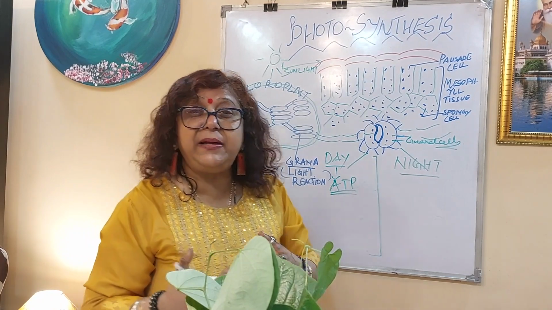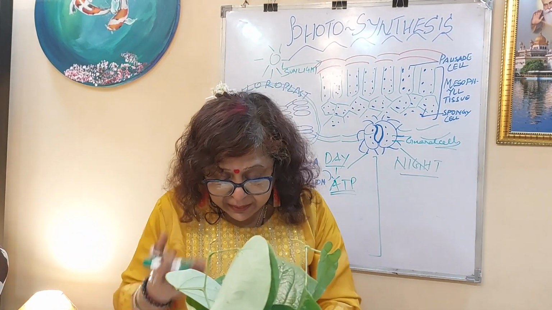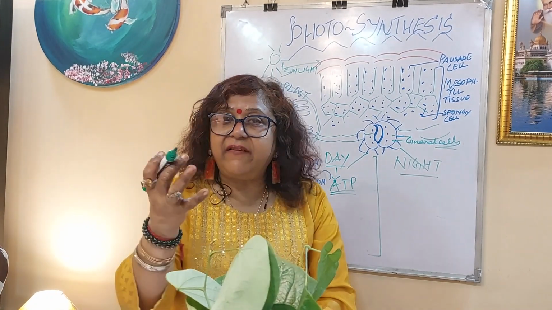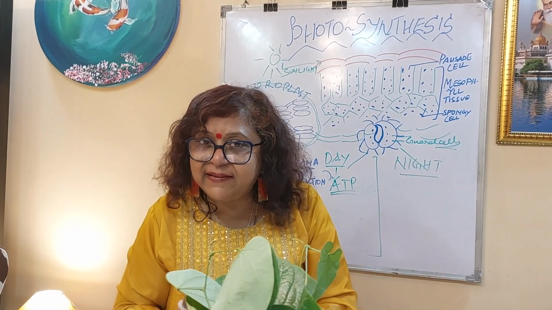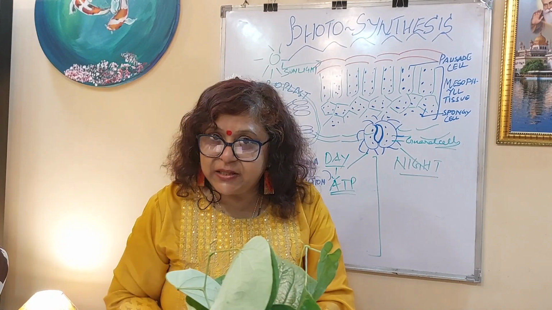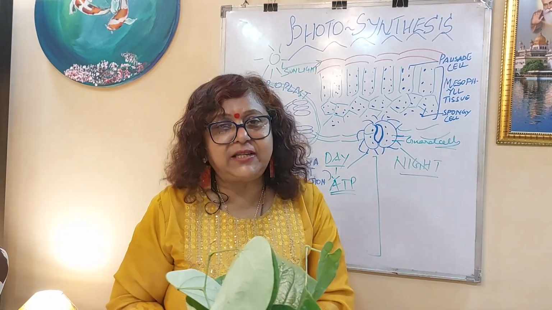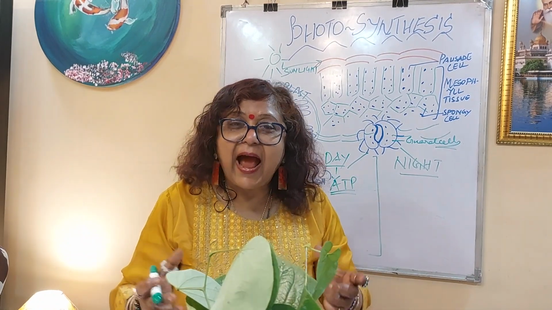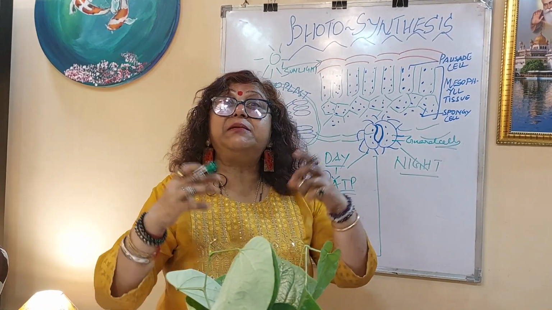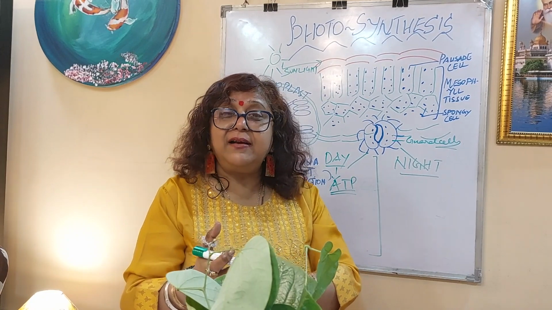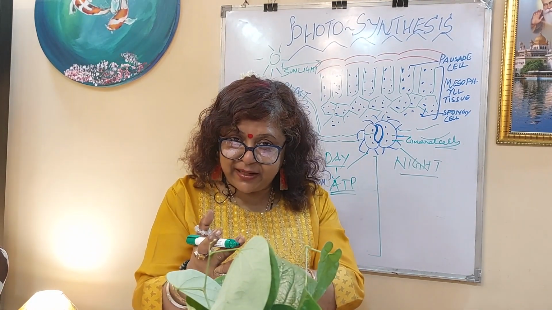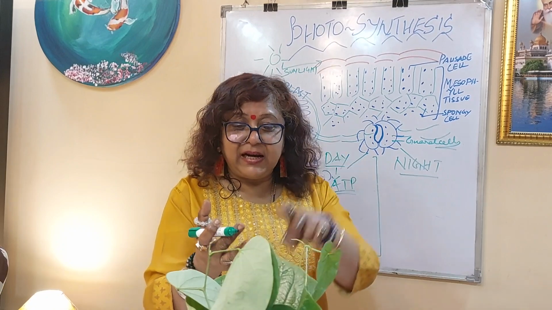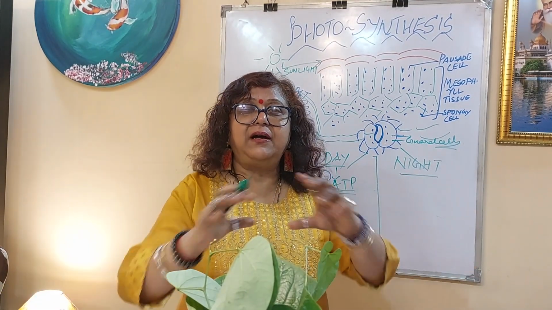High concentration means it becomes highly hypertonic. When it becomes hypertonic, it tries to draw water from the neighboring cells. That is, endoosmosis takes place. When endoosmosis takes place, the stomatal pore opens, and the guard cells become turgid. So the keywords are high concentration of potassium in the daytime, endoosmosis, hypertonic, turgidity, stomata opens.